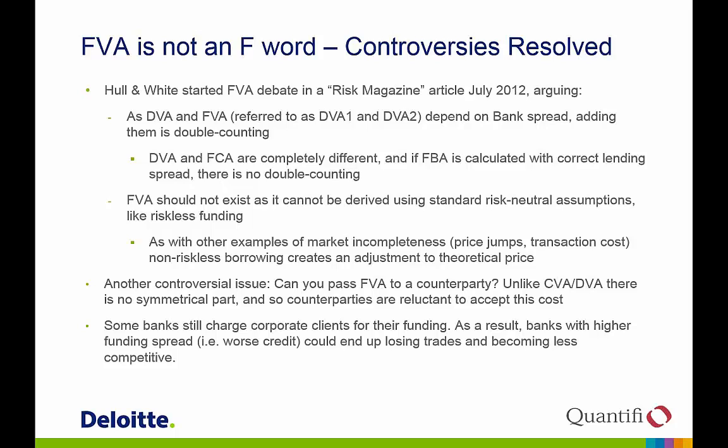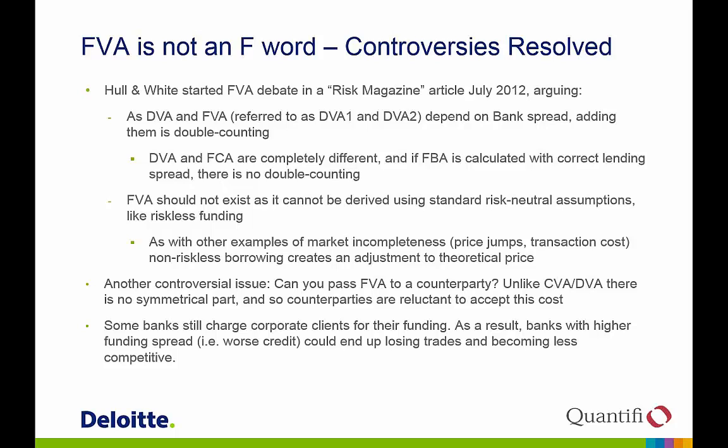Another controversial issue: can you pass FVA to the counterparty? Roman talked about CVA and DVA and how you net them, and together they constitute bilateral CVA, which can be taken into mark-to-market. What do you do with FVA? There is no symmetrical part, like for CVA there is DVA, but for FVA there is none.